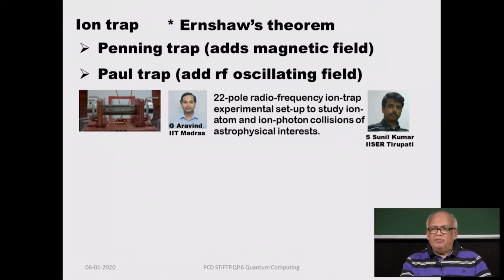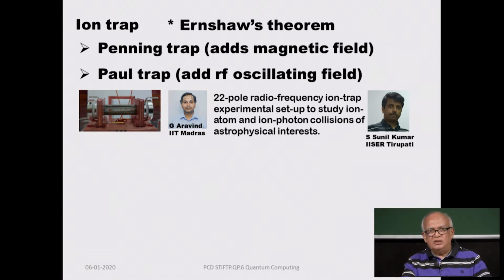There are people who actually build these traps, and I like to mention the ion traps being built by Arvind at IIT Madras, and right here in Tirupati by our good friend Sunil. He is building an ion trap, a 16-pole wire trap as it is called. I mention these not because they are attempting to build a quantum computer, they are not.